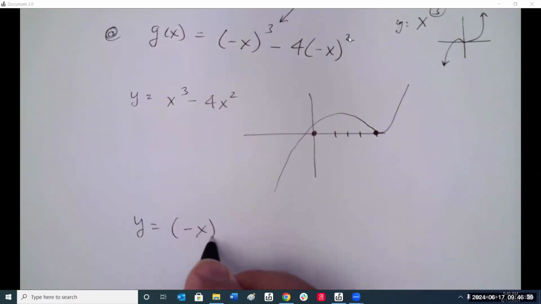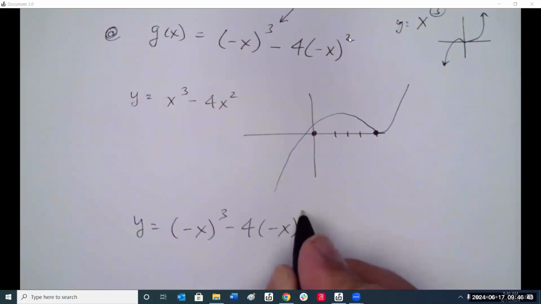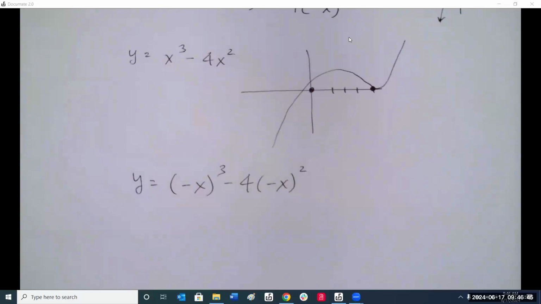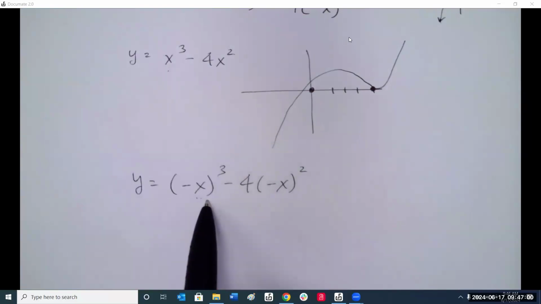Now what have I done in this equation? Right. Because I changed x to negative x. So now I'm putting negative values in there.